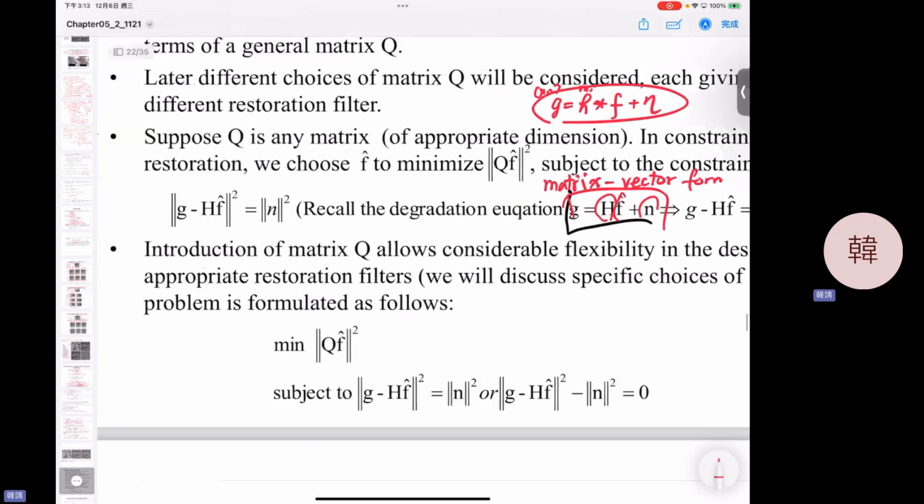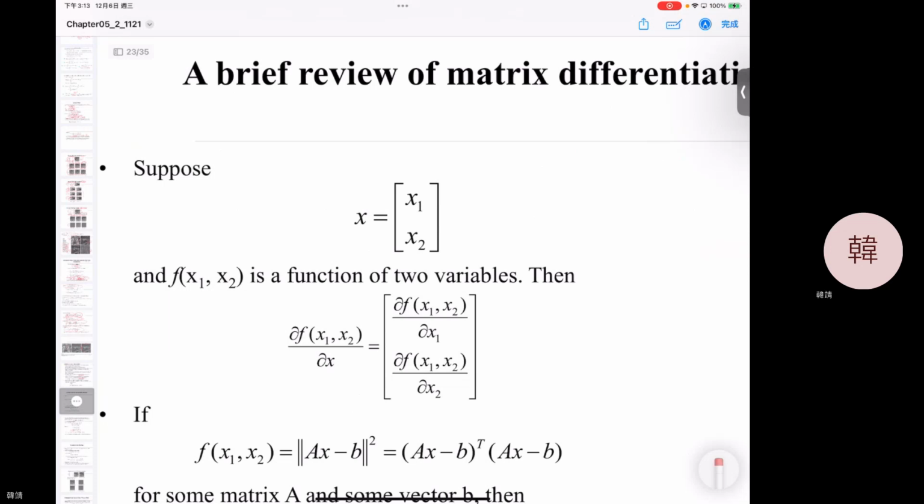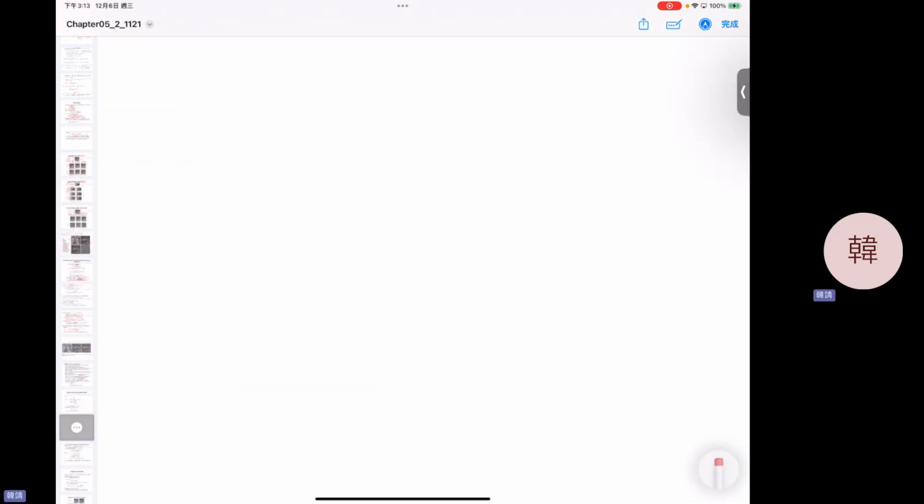So before we go to detail, we have to tell you how to think about this problem here. In image processing, we have a matrix-vector form. So how do we do that?